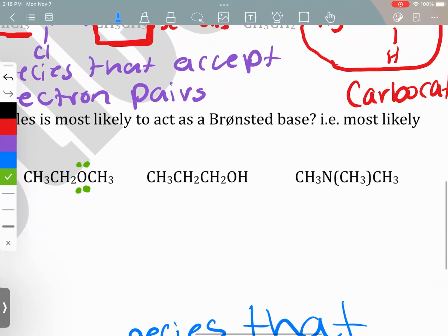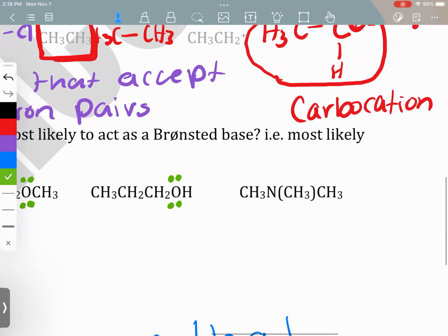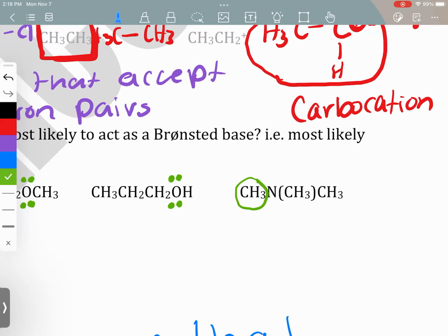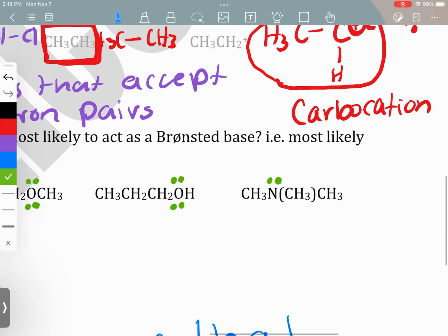Same thing for the fourth species here, 2 non-bonding electron pairs on that oxygen. And in the last species, this nitrogen has 3 bonds around it, so only 1 set of lone pairs on the nitrogen.